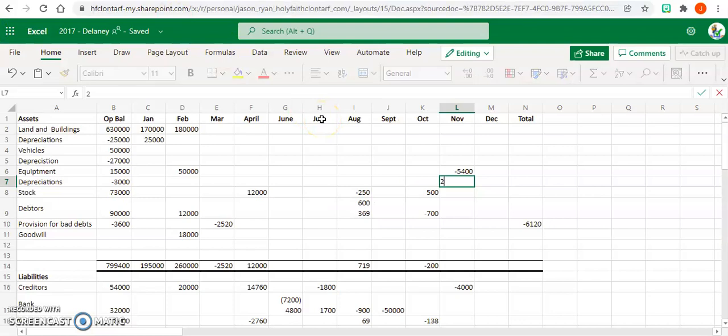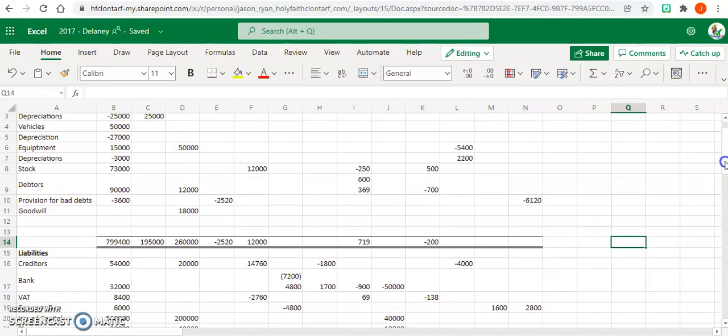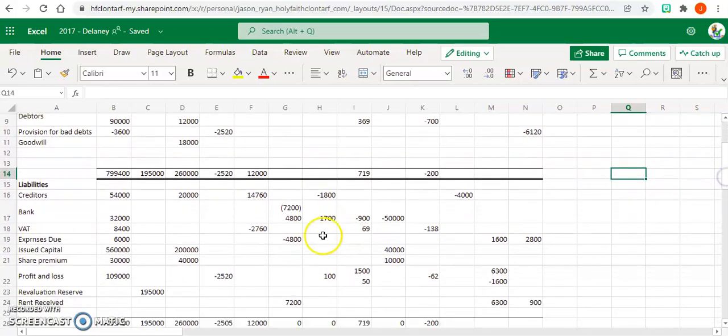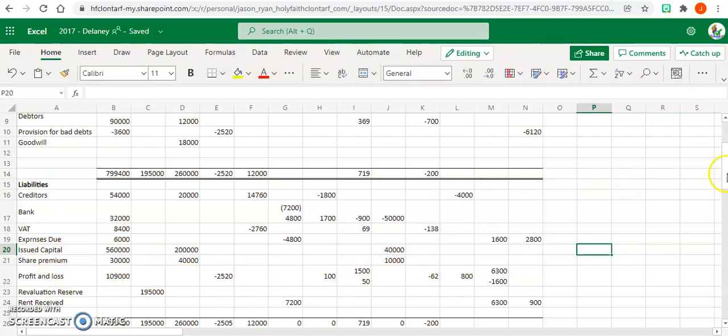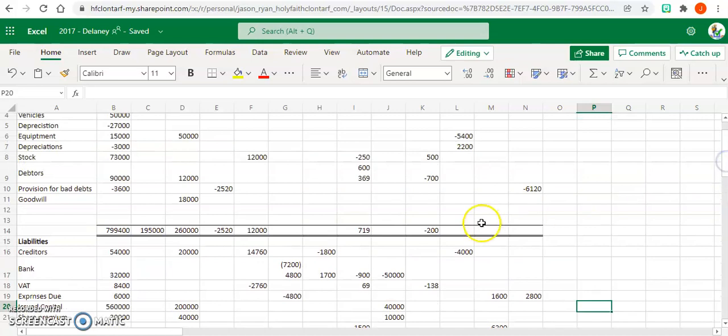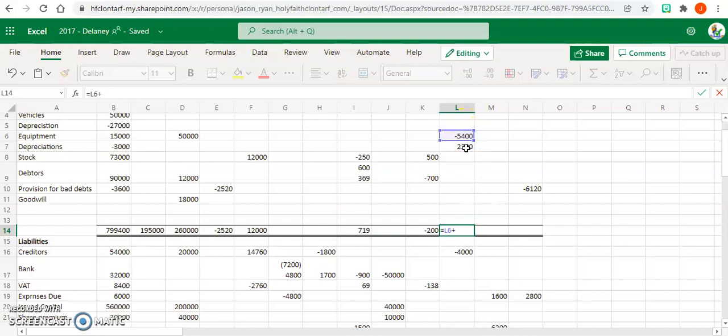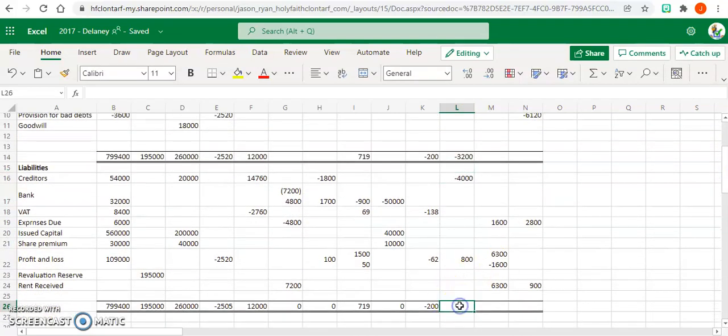So $2,200. And then we made a profit of $800 because the debt was $4,000 and you only accepted $3,200. So the difference, so minus $3,200 for your assets, and minus $4,000 for your liabilities.